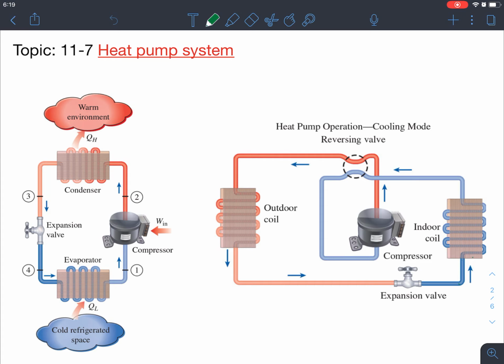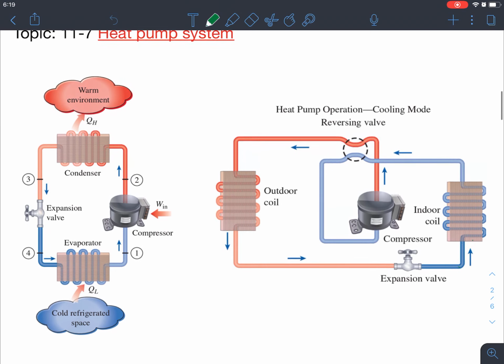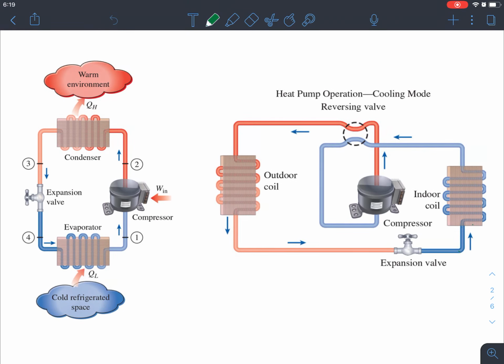What is the heat pump actually? In the last class we talked about the vapor compression refrigeration cycle, VCR. In it, we saw four basic units: the compressor, condenser, expansion valve and evaporator. The evaporator is basically creating the cooling effect.